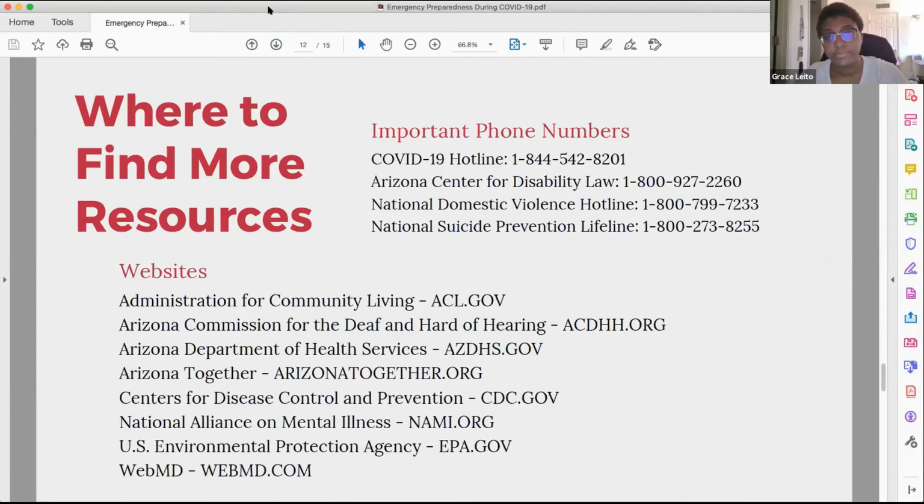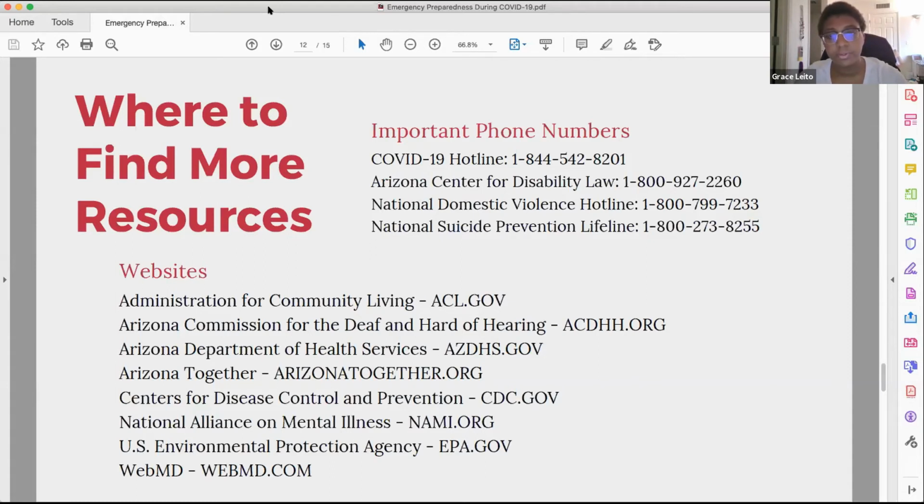Where to find more resources. So we have some important phone numbers. The COVID-19 hotline. This is for Arizona if you have any issues with COVID-19. Arizona Center for Disability Law. If you feel as though your rights aren't being met for a disability you have, this is the number to call. National Domestic Violence Hotline.